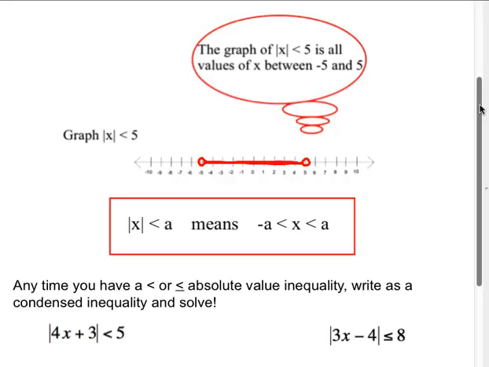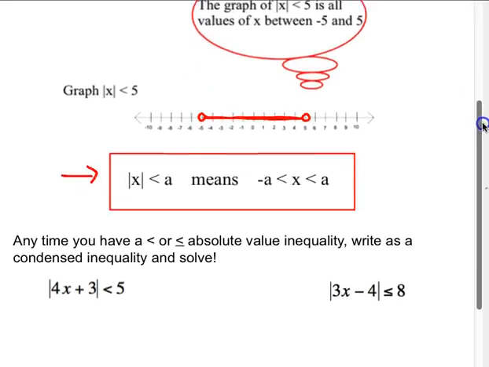So whenever you have a less than with your absolute value, as a value is less than a number, you're going to be talking about being restricted between the negative and the positive. So that's what this little box tells you right here. When you're less than a number, it constricts you between that negative and positive of the number.